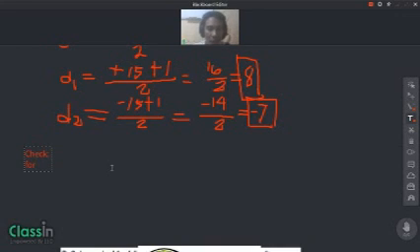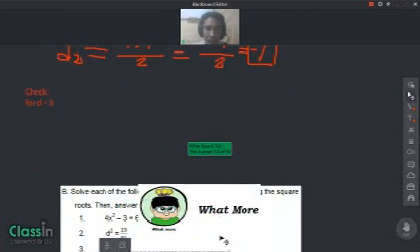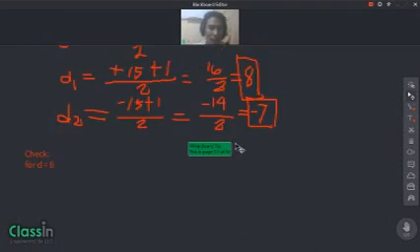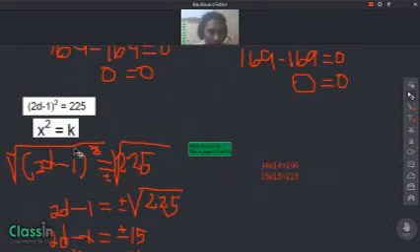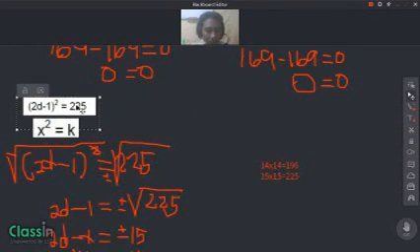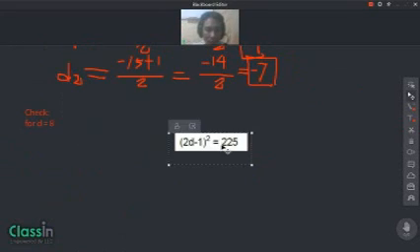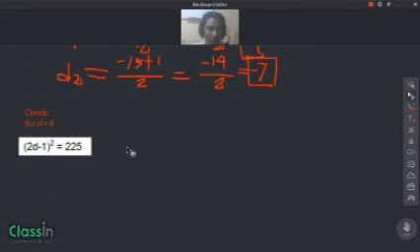For d equals 8, we will copy again first our equation, and then substitute the value of d.